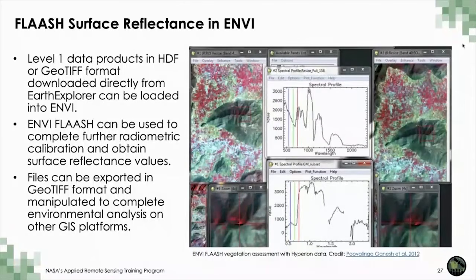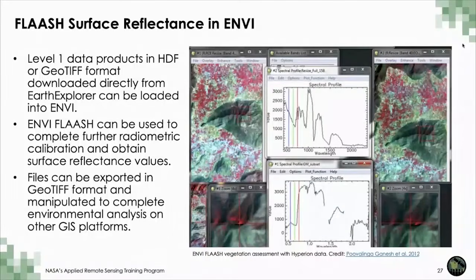This figure shows the application of the FLAASH algorithm on the Hyperion imagery in ENVI. The FLAASH algorithm can be applied, and then the surface reflectance values can be obtained from the initial radiance values.